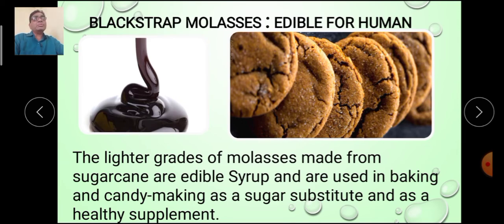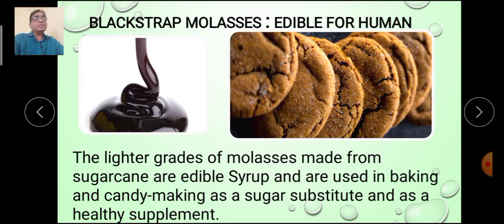Another byproduct is molasses. It is also an important byproduct of the sugar industry. The molasses is of two types. The first type is edible for humans. That is, the molasses can be used as food. The lighter grades of molasses made from sugarcane are edible syrup and are used in baking, candy making, that is chocolate making, as a sugar substitute and as a healthy supplement.